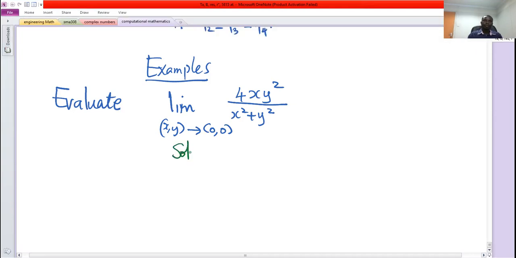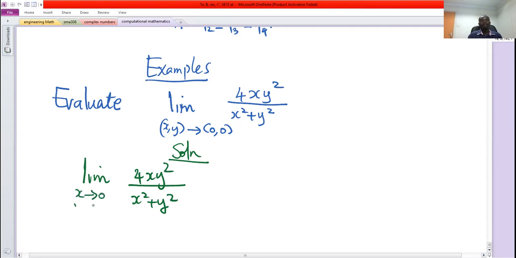Now, to solve this problem, we write the limit of 4xy squared divided by x squared plus y squared. So instead of writing (x, y) approaches (0, 0), we write x approaches 0, y approaches 0.